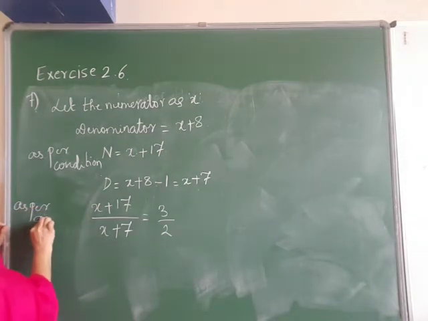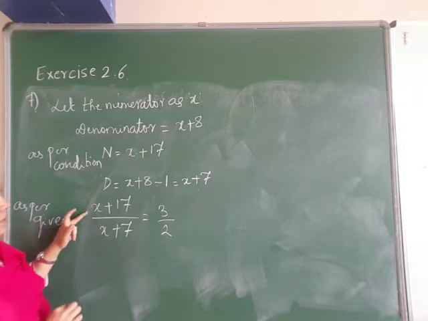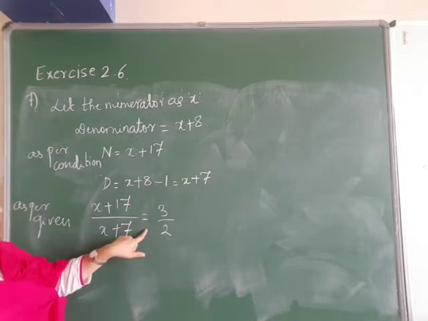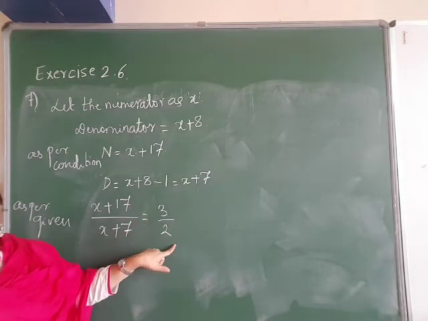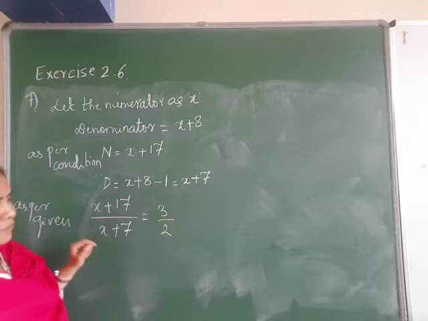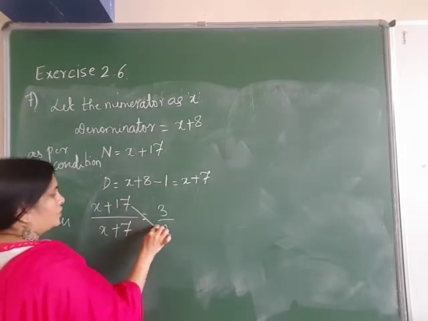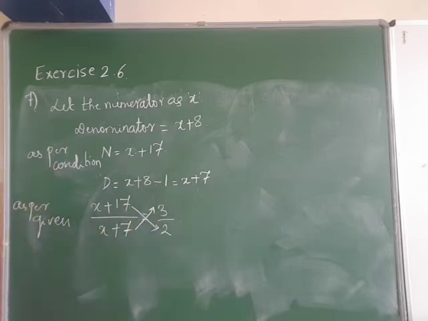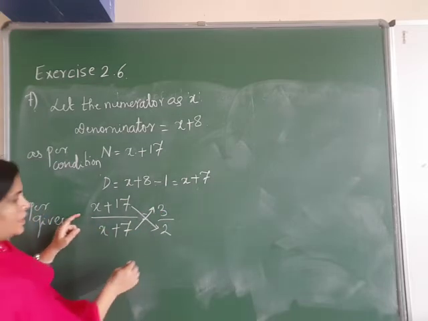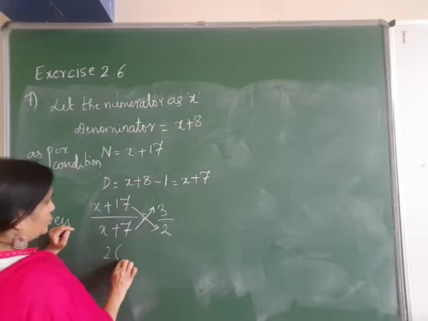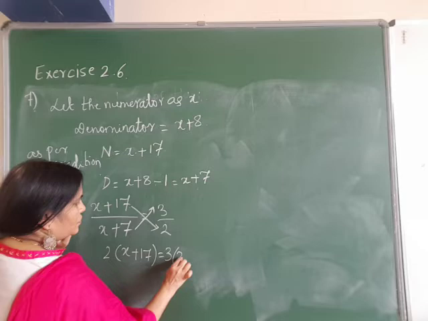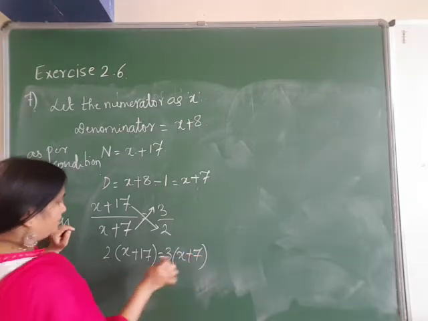As per the given, this fraction, numerator divided by denominator, is equal to what is obtained, 3 by 2. Now find the rational number. So we cross multiply. 2 into x plus 17 is equal to 3 into x plus 7.